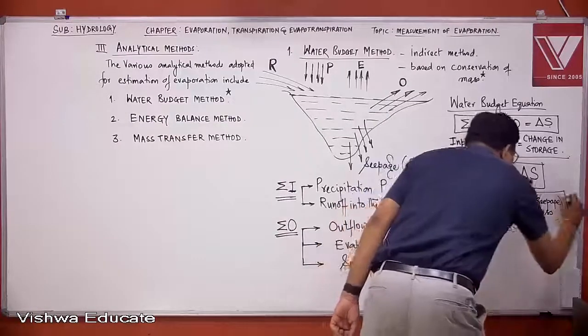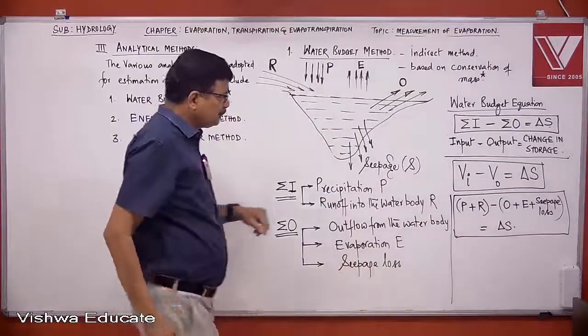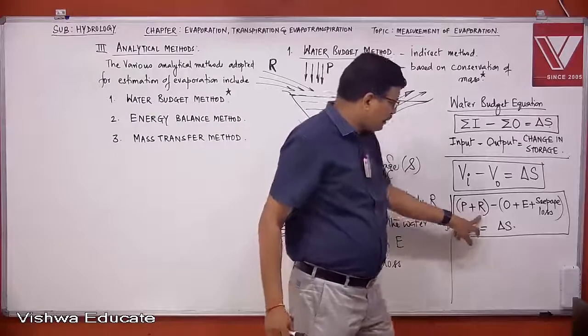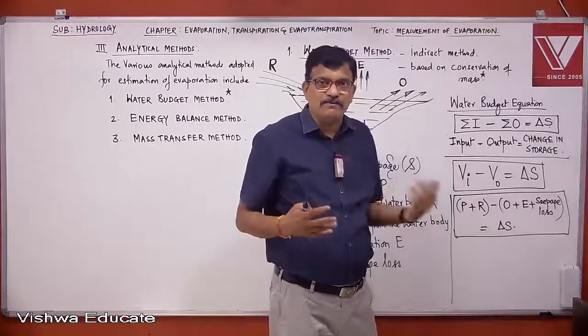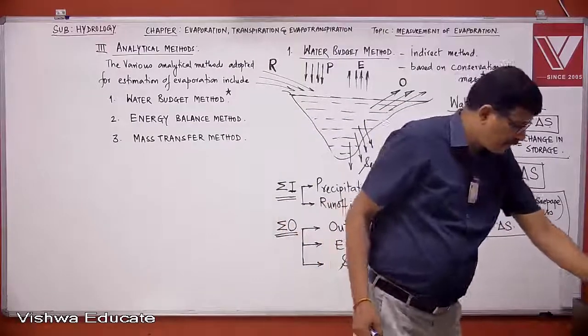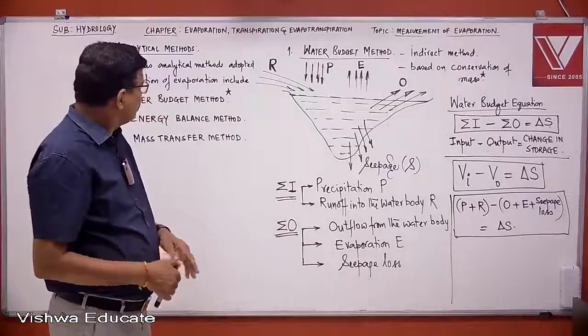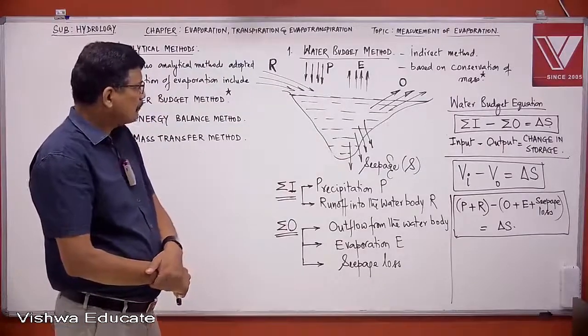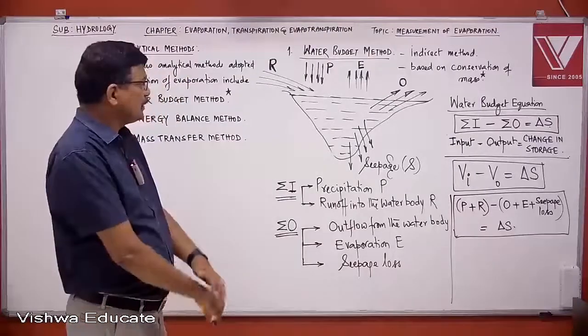So this also is another form of the equation. These are the gains into the water body, and this is the loss, the extraction or abstraction from the water body. Okay, you can copy this so that we can discuss the other two methods.